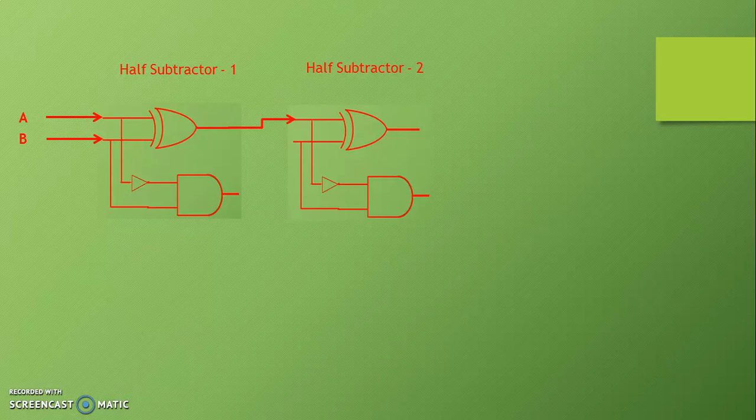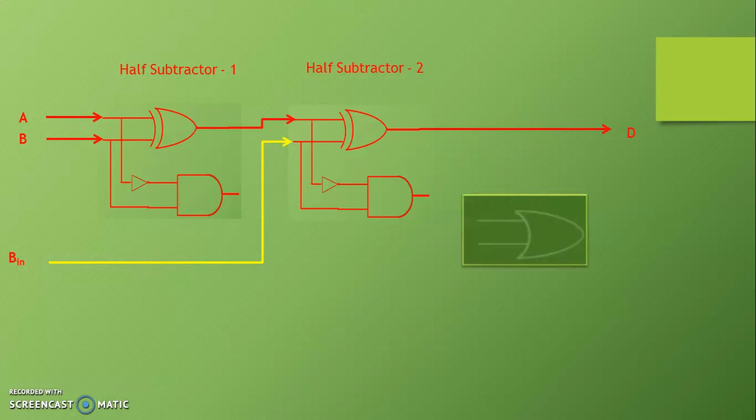At the same time, we give the borrow from the previous stage as one of the inputs to the half subtractor, and final output from the half subtractor 2, that is difference from the A and B as well as from the borrow of the previous stage, is taken as the final output, the difference D.